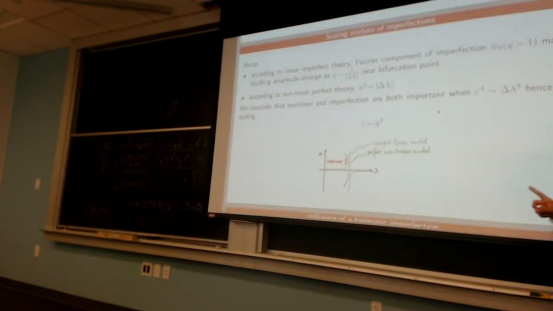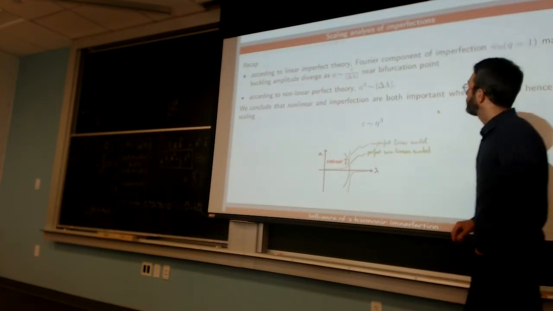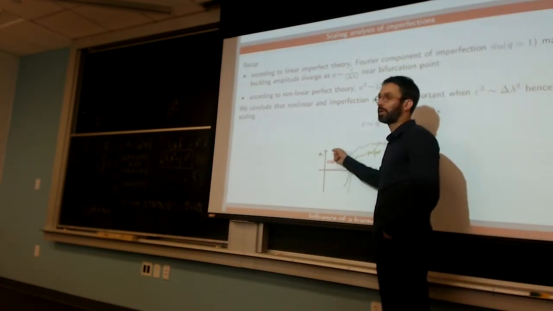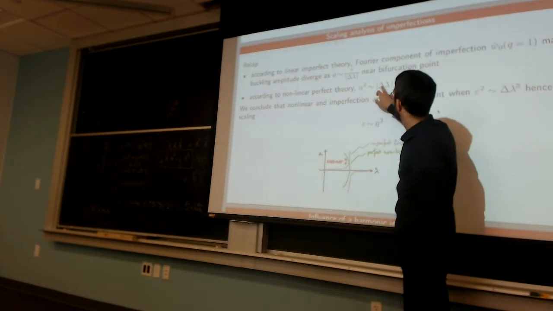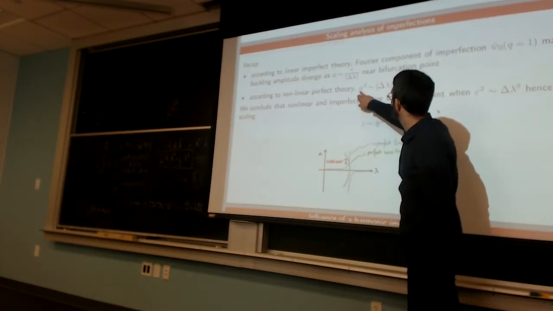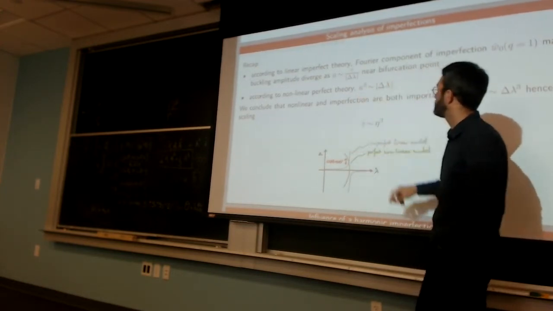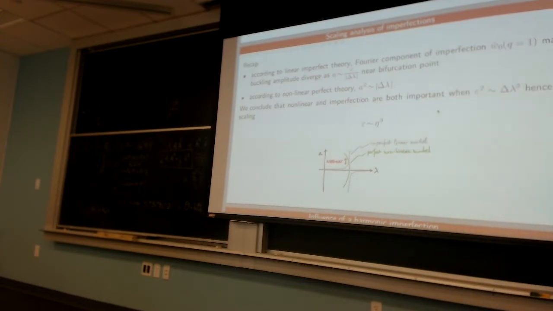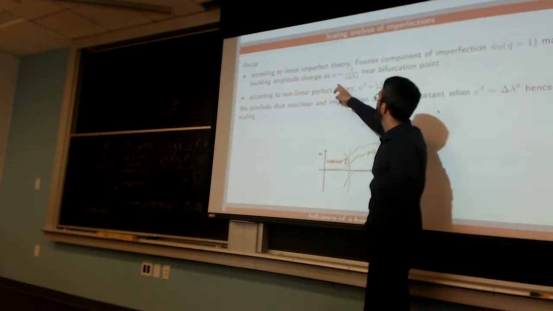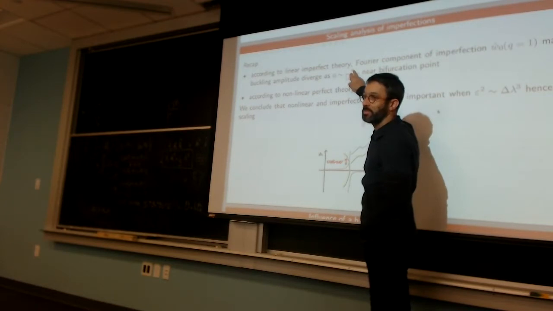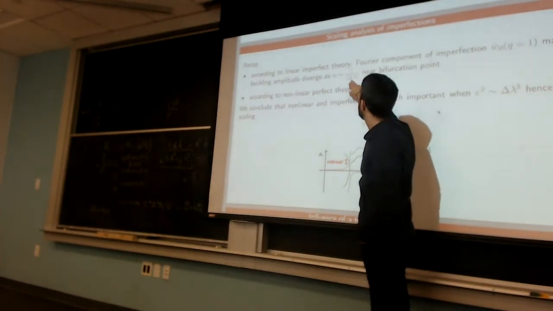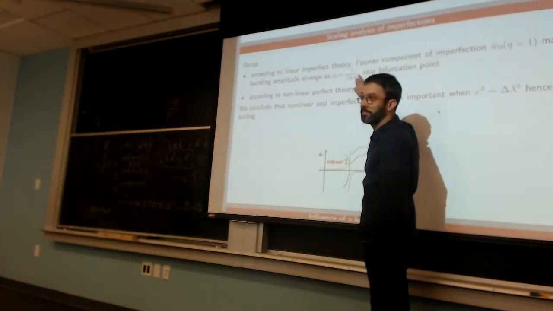Okay, so let's recap what we have here. We have the perfect theory that predicts this parabola, and gives me, in order of magnitude, the bifurcated branch says that the square of the amplitude is the distance to the threshold. And we have this linear imperfect model that says that the amplitude of bifurcation is proportional to the imperfection epsilon. That's because I used the linear theory, but it diverges near the critical point.